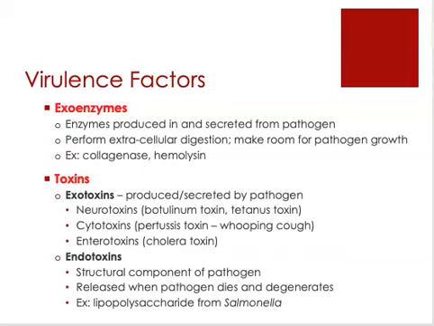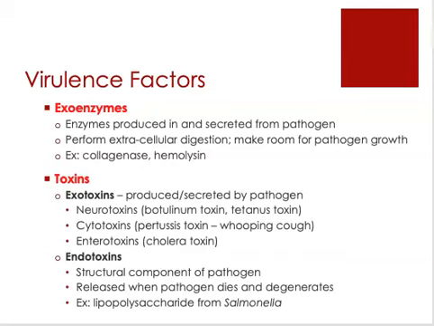Hemolysin is a virulence factor that, like the name suggests, hemolyzes or breaks apart red blood cells. Collagenase, as the name suggests, is an enzyme that can digest away collagen. In terms of toxins that can be secreted by pathogens, there are what are called exotoxins and endotoxins.